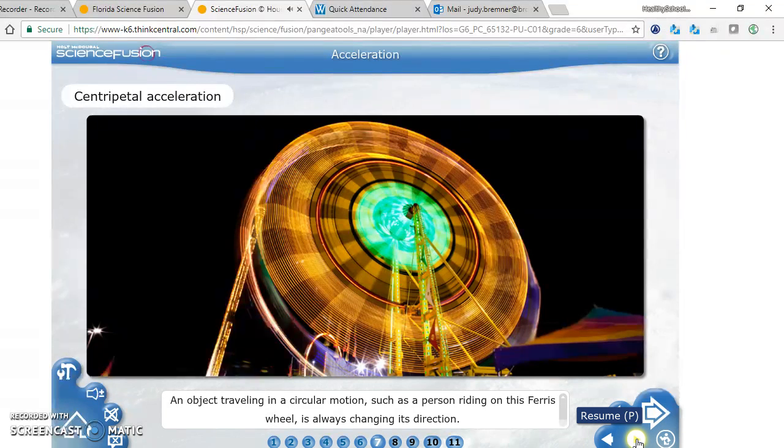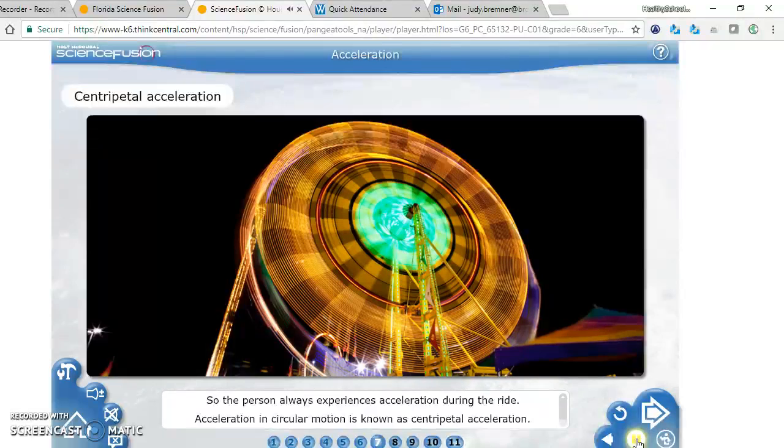An object traveling in a circular motion, such as a person riding on this Ferris wheel, is always changing its direction. So the person always experiences acceleration during the ride. Acceleration in a circular motion is known as centripetal acceleration.